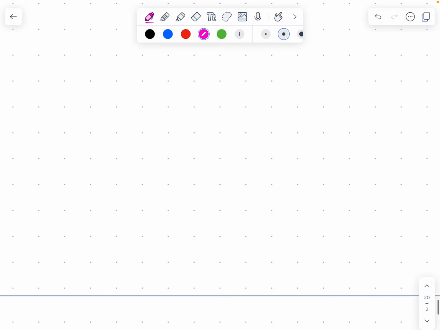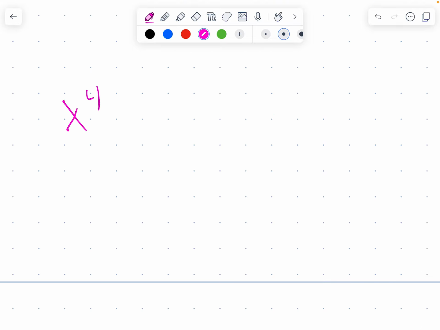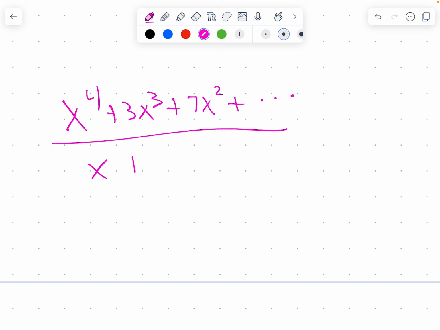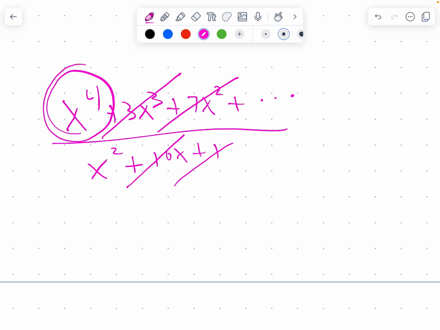And if I have some extra bells and whistles on this, x to the 4th plus 3x cubed plus 7x squared plus blah, blah, blah. On the bottom, I've got like x squared plus 10x plus 1. I can ignore these other terms, because they're not going to be as important as this one, which is the most important on the top. This one is the most important on the bottom.